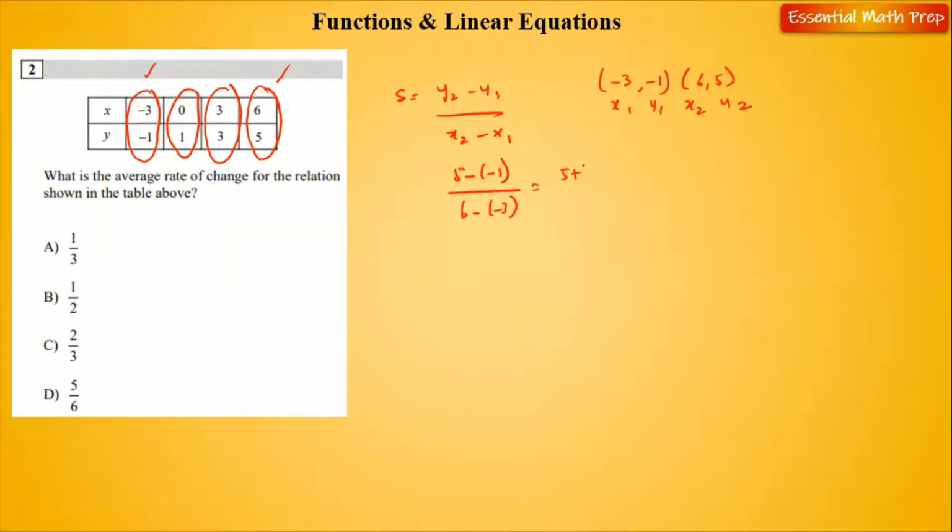So that's 5 plus 1 over 6 plus 3, which is 6 over 9. This is 3 over 3, which is 2 over 3. That's the rate.